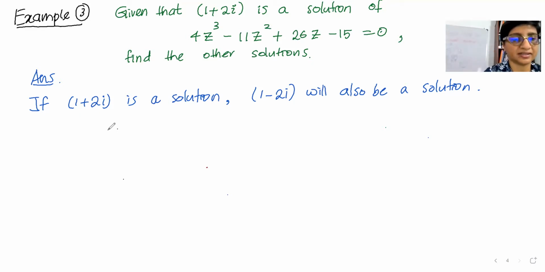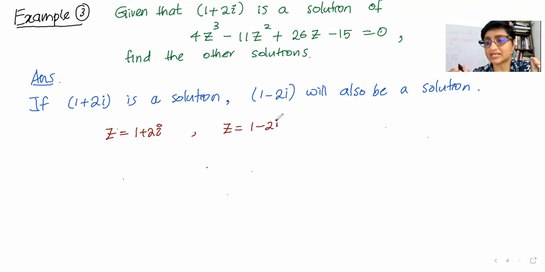Okay, so Malik is saying, z equal to 1 plus 2i is a solution, and also z equal to 1 minus 2i is a solution. What this means is, before I come to what Hatvi has said, I'm talking about what Malik is saying. These are solutions, meaning z could be this or this.